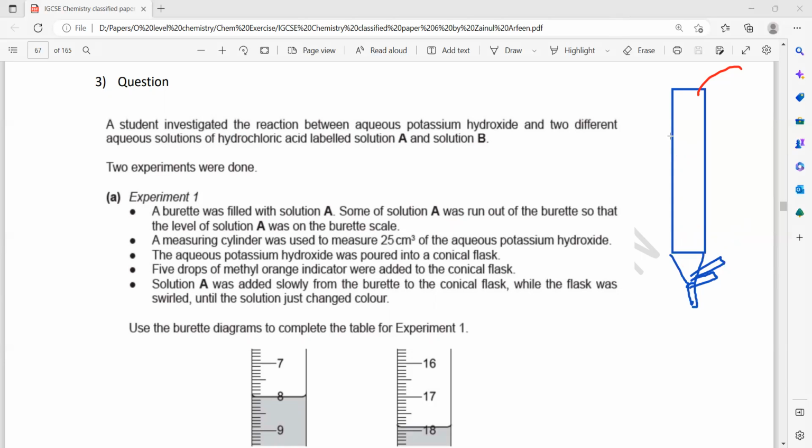Because we fill it from the top, there is trapped air inside this region. As a result, when there is trapped air, the volume of the liquid which is present here won't be accurate. So how to remove this trapped air? We just run down the liquid, we open the tap so the liquid will flow out and all the air will be removed from it.